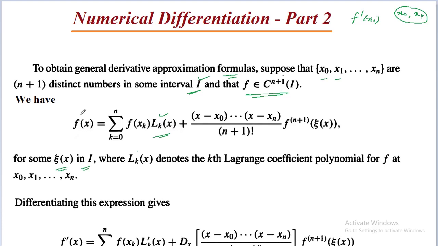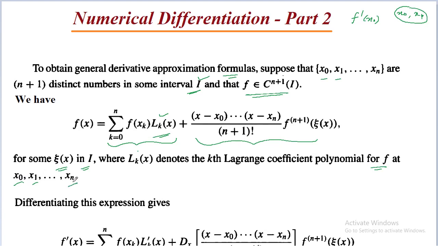So we can approximate f of x by the Lagrangian polynomial, and this is the error term. So we have f of x equal to this plus the error term. We already discussed this. Here Lk is the kth Lagrangian coefficient polynomial for f at the points x0, x1, etc., xn.